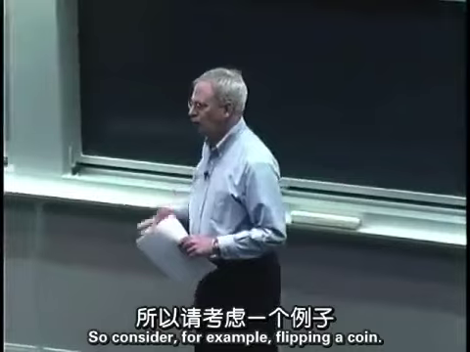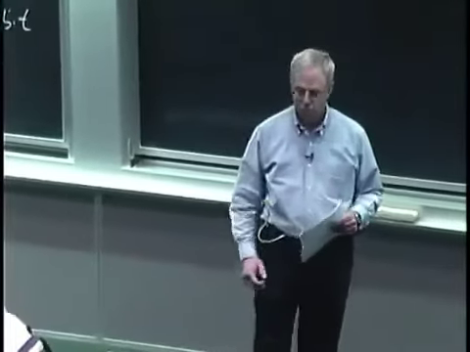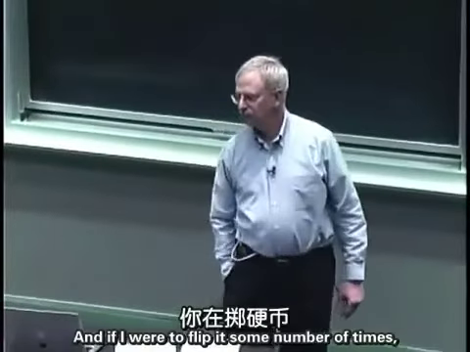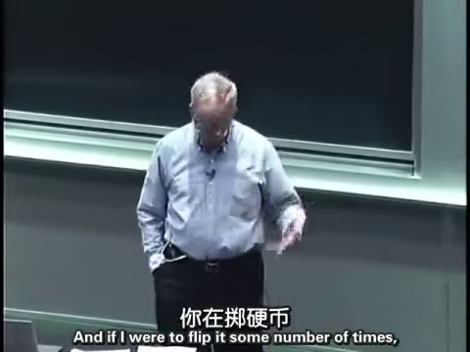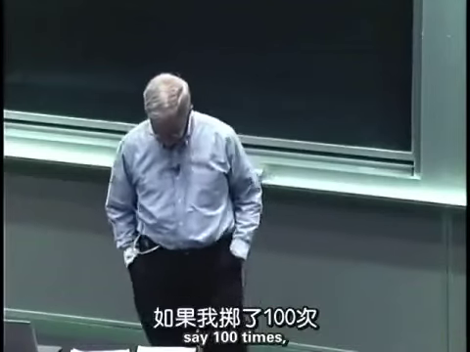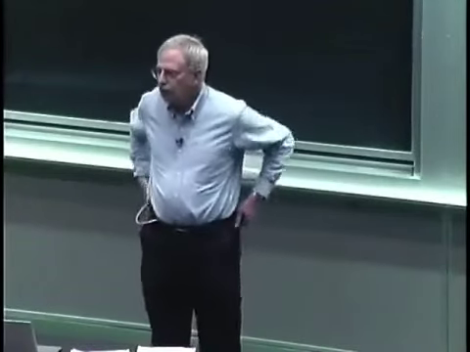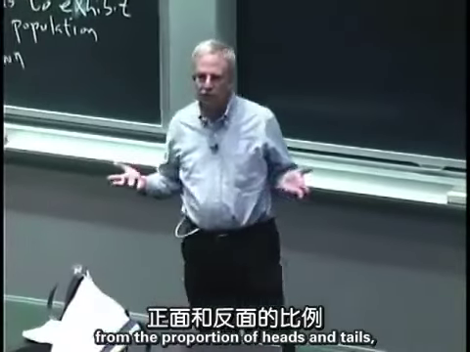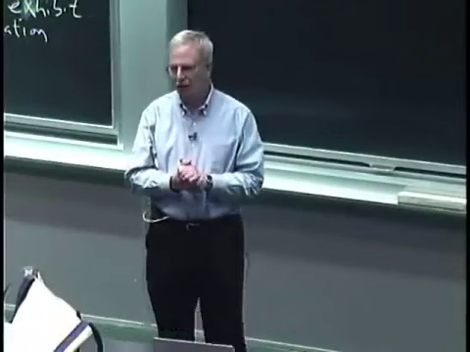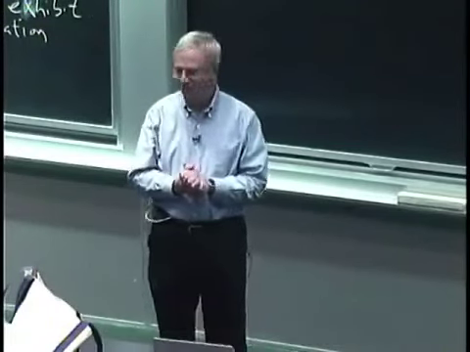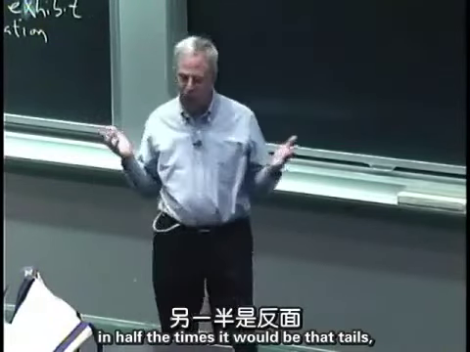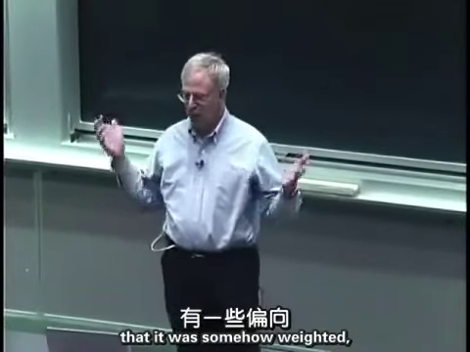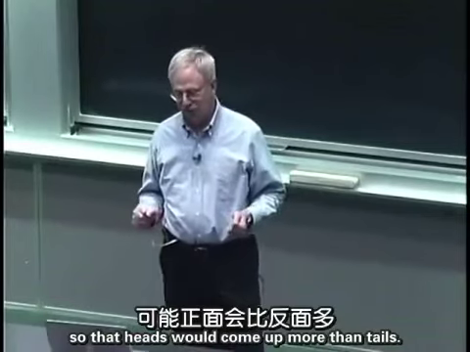So consider, for example, flipping a coin. If I were to flip it some number of times, say 100 times, you might be able to, from the proportion of heads and tails, infer whether or not the coin was fair. That is to say, half the times it would be heads and half the times it would be tails, or whether it was unfair, that it was somehow weighted so that heads would come up more than tails.